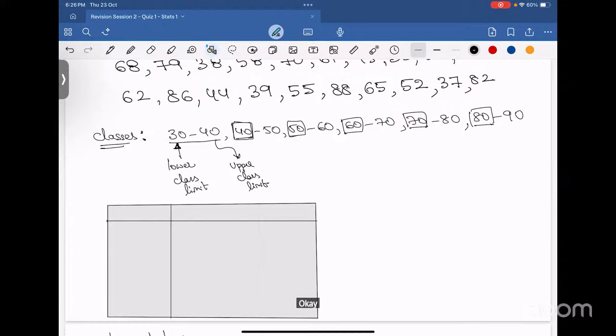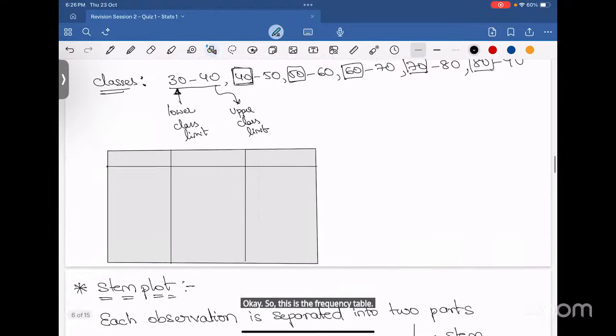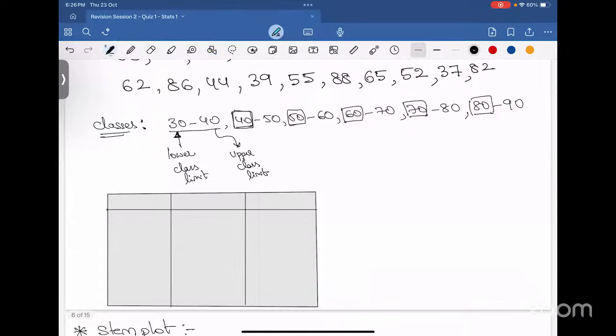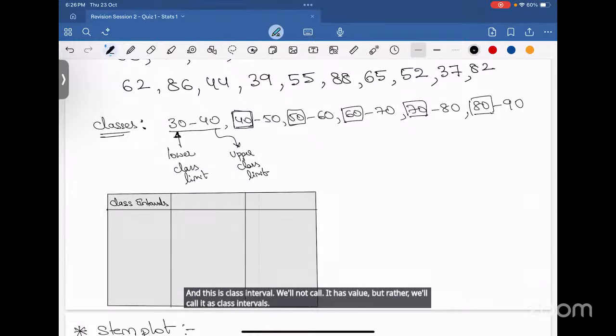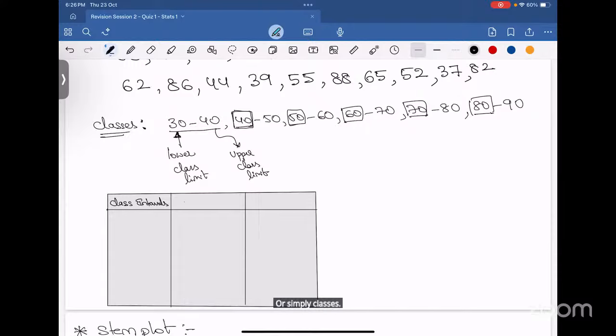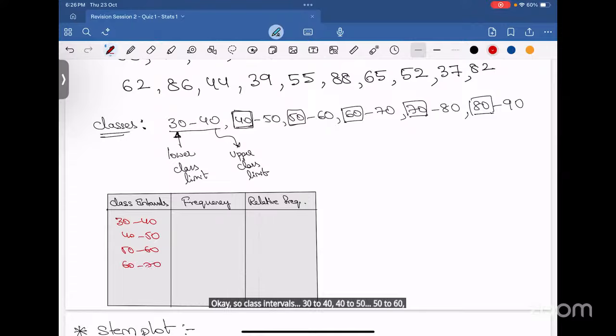This is the frequency table, and this is class interval. We'll not call it value, but rather class intervals or simply classes. The other two are the same, frequency and relative frequency. So class intervals: 30 to 40, 40 to 50, 50 to 60, 60 to 70, 70 to 80, and 80 to 90.